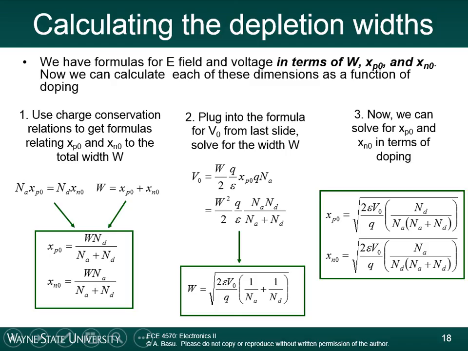That's correct. Suppose Na is much larger than Nd. Which of these two terms is going to be significant? 1 over Nd. If this thing is very huge compared to this one, this term is going to disappear, and you're left with just 1 over Nd.